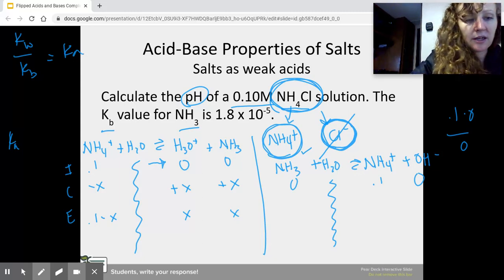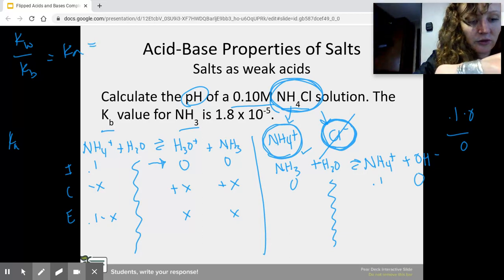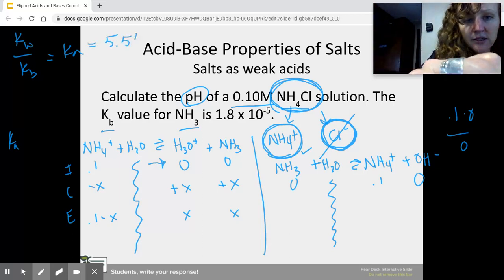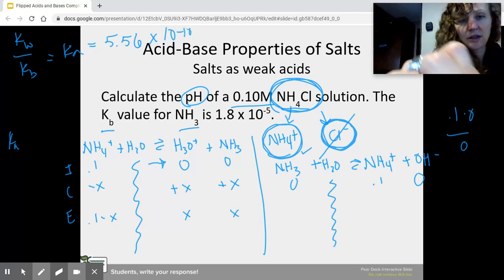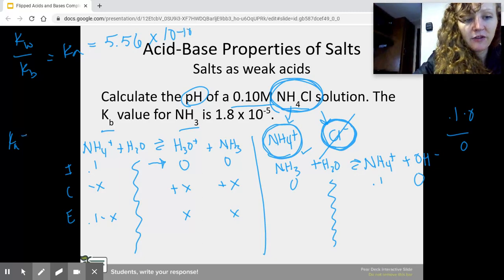That's our Ka. So our Ka is going to be equal to 5.56-ish times 10 to the negative 10. All right, so Ka from my reaction will be my hydronium, my NH3 over my ammonium.